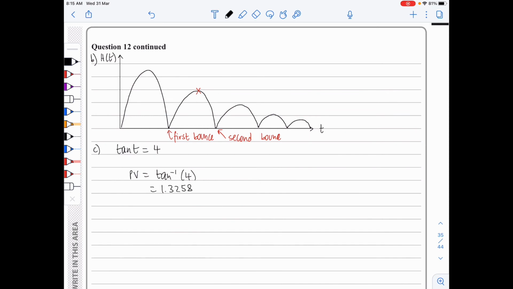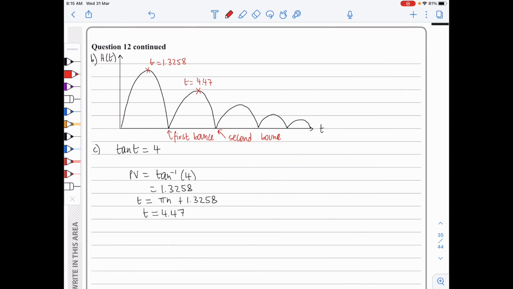Adding pi will take me to the next solution. I want the second solution, we said. So this is giving me a result of 4.47. So the 4.47 is here. Here it was the 1.3258.